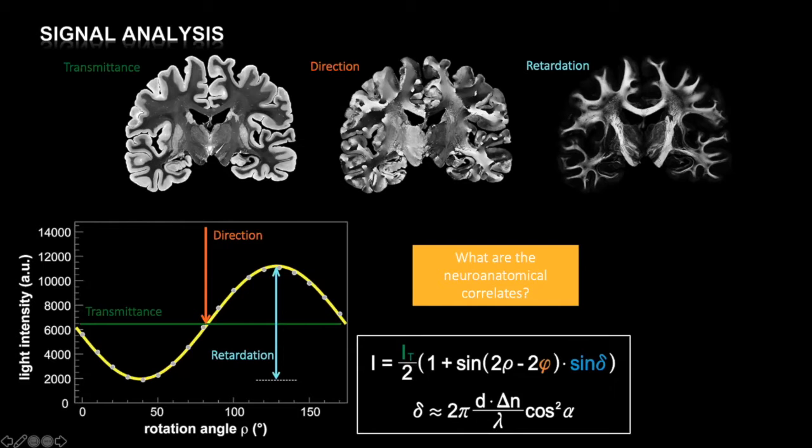It shows immediately that it depends on the orientation of the nerve fibers projected into the sectioning plane on one hand, but on the other hand also on the out of sectioning plane angle of these fibers. That's quite nice.